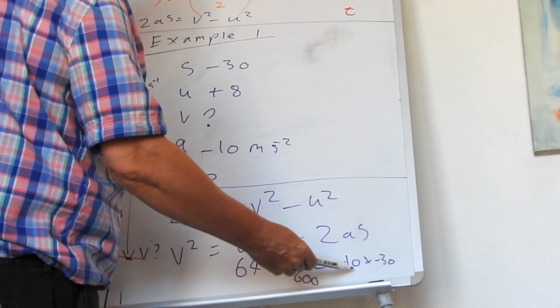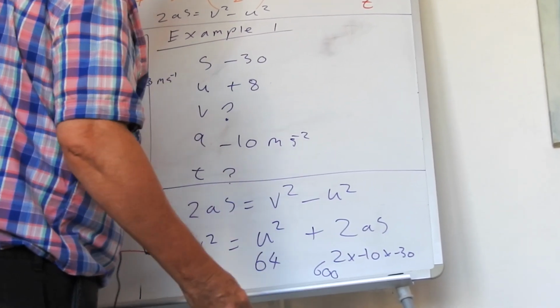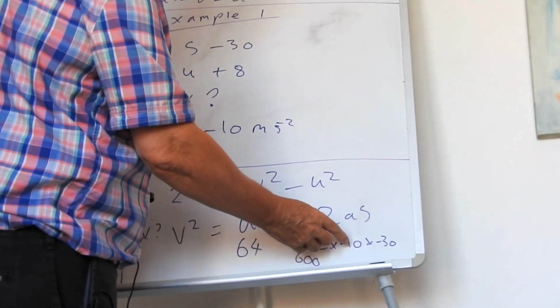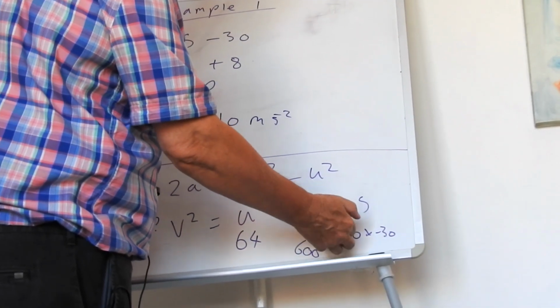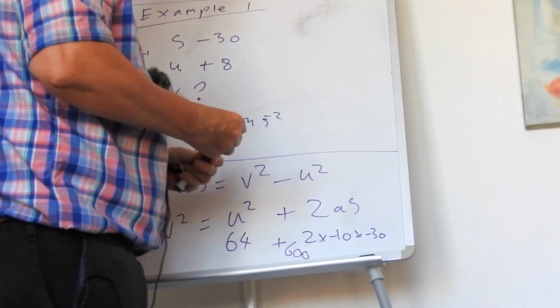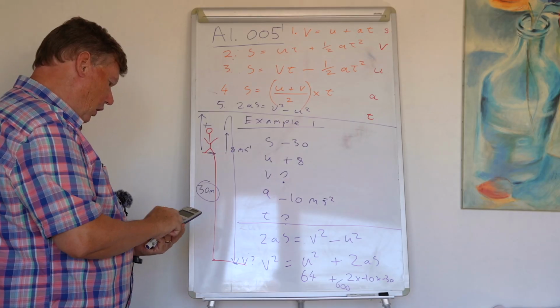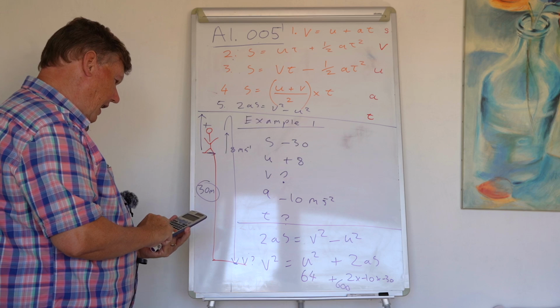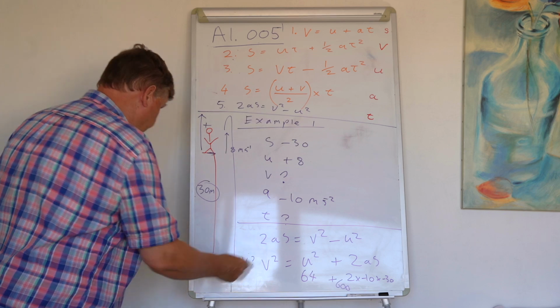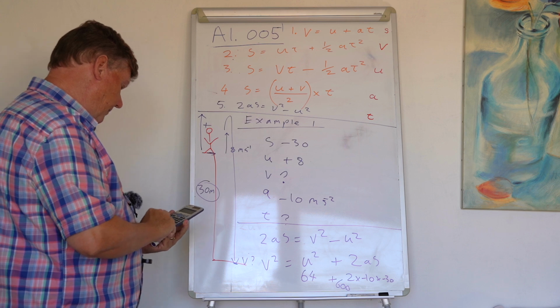That's 300, 600. Now, look at the sign. I've got a minus times a minus, that becomes a positive. So this is plus 600. Get my calculator out. 64 plus 600 is 664 is v squared. Square root it.